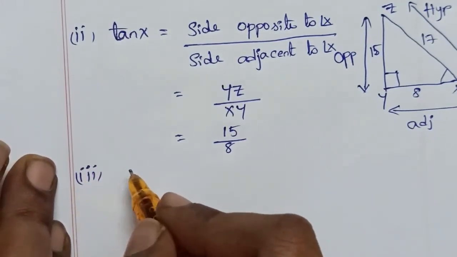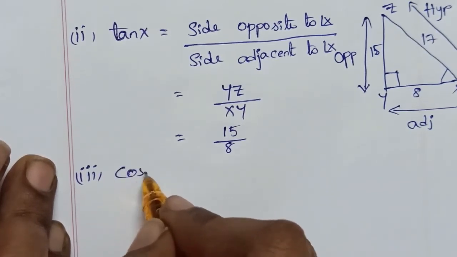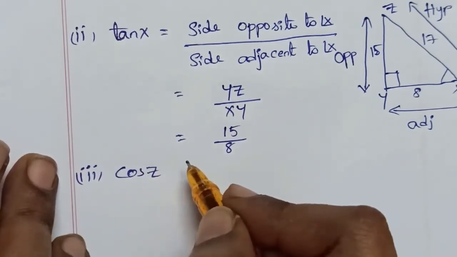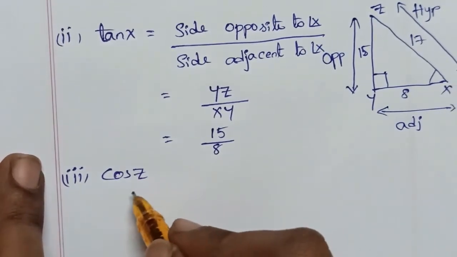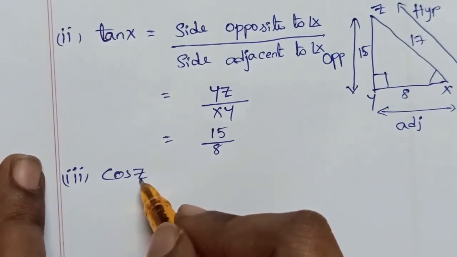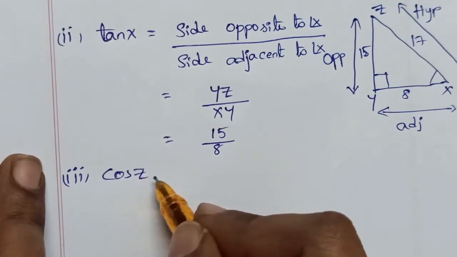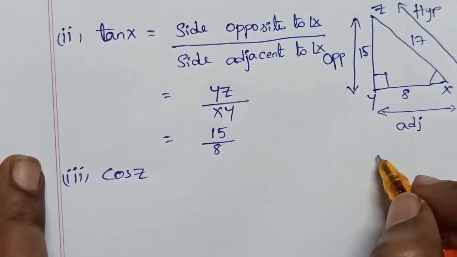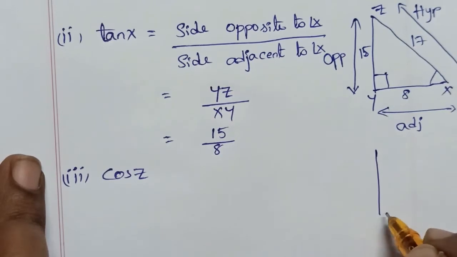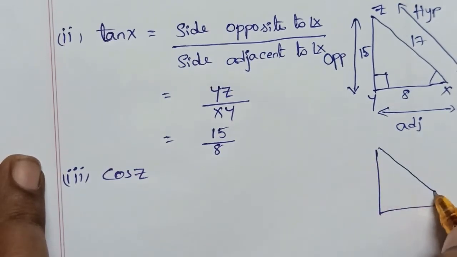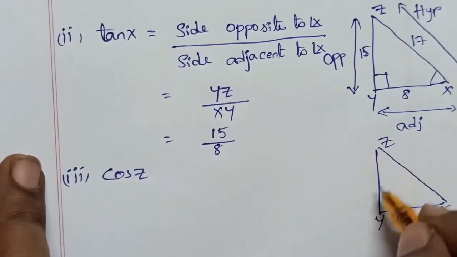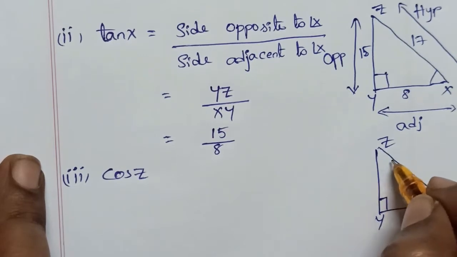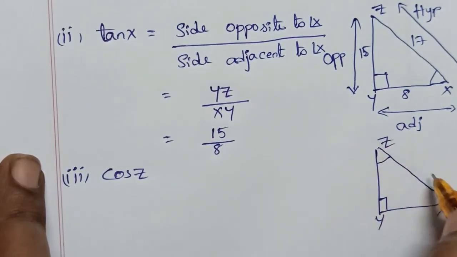Next we find the value of cos z. Here the angle of the triangle is z. This is the right angle and this is the angle of this triangle.